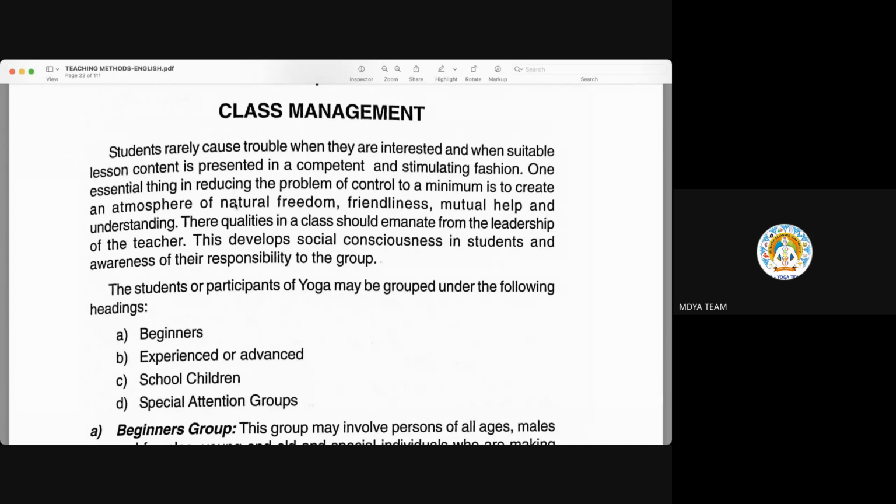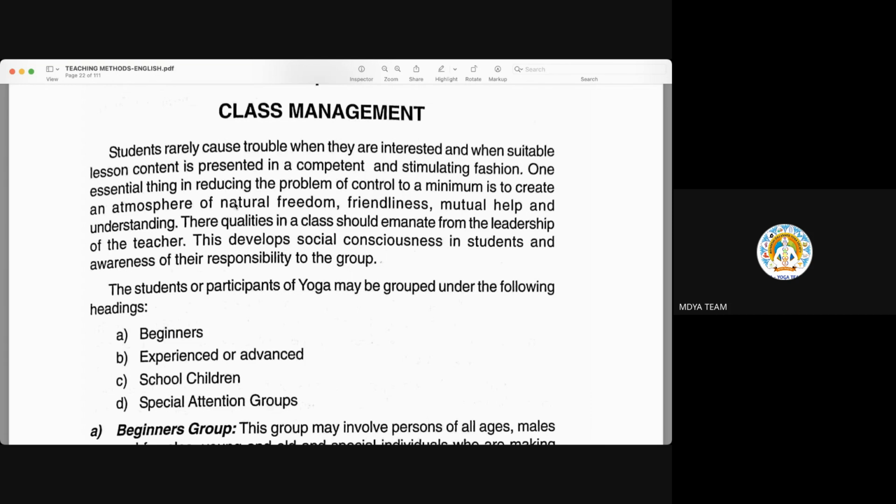If they are not interested in the class or in the subject or lecture given by the teacher, what they do is, being physically and mentally fit, they create problems for other students, or they may engage themselves in other activities which are not as per the discipline of the class.